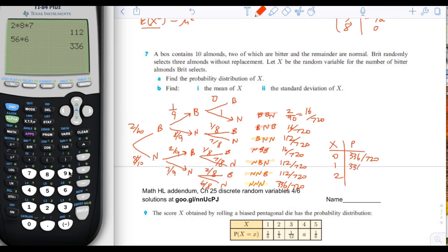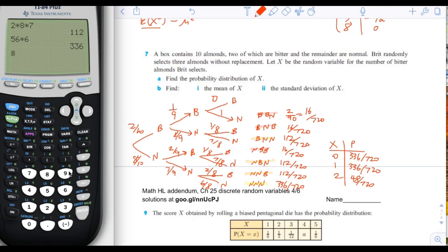Oh, it's also 336. And what's the probability of 2 bidders? The probability of 2 bidders would be 16 over 720 plus 16 over 720 plus 16 over 720, which would be 48 over 720. Okay, so that's the probability distribution of x.